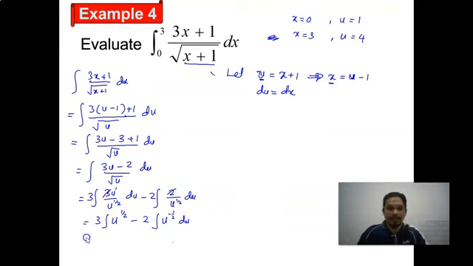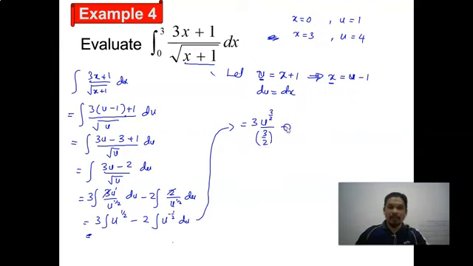Okay, so now it becomes equal to integral of 3 u to the power of half, then you come up with u to the power of half plus 1, half plus 1 is 1 over 2 plus 2 over 2, 3 over 2, divided by 3 over 2.